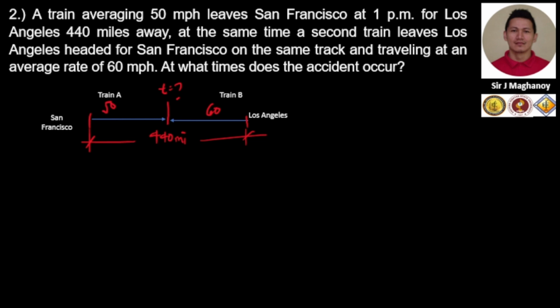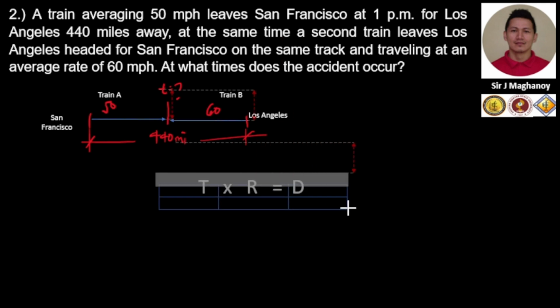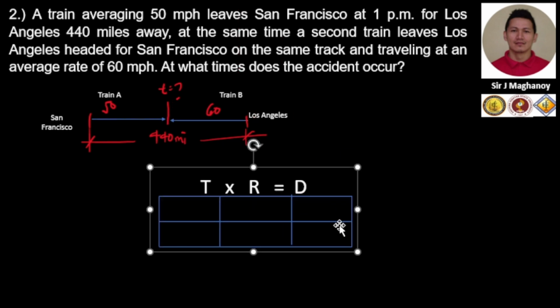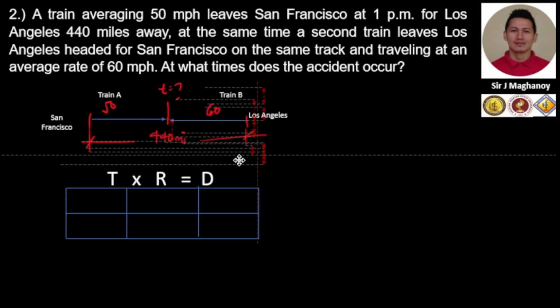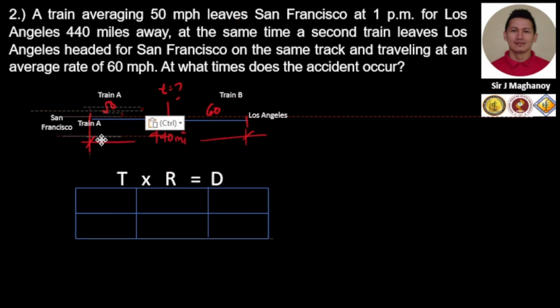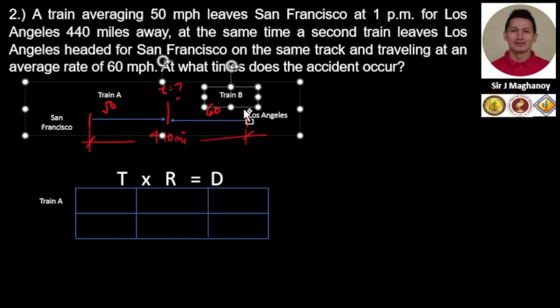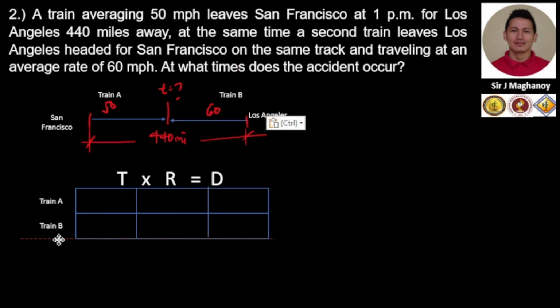Now, let's formulate our equation with the help of our TRD box. Using our TRD box, let's copy our data from the statement. From our data, train A moves at a rate of 50 miles per hour.